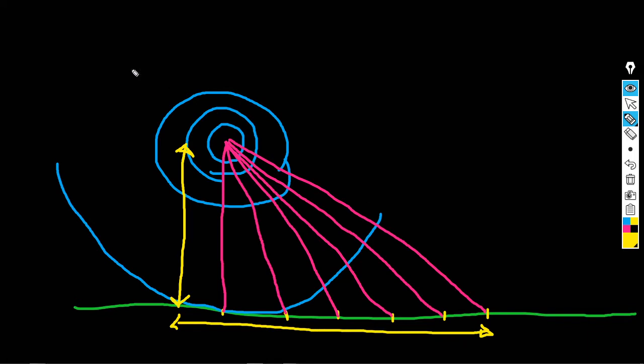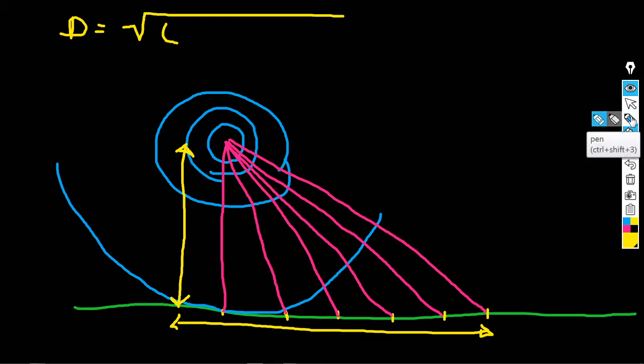And so that distance, which we'll call d, is equal to the square root of... now we have to put on some labels here, so let's call this little d, and let's call this little e. E for elevation. And then let's call this x.